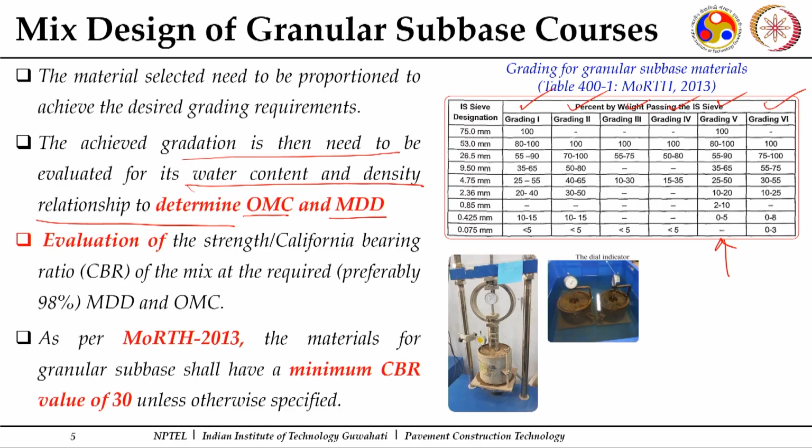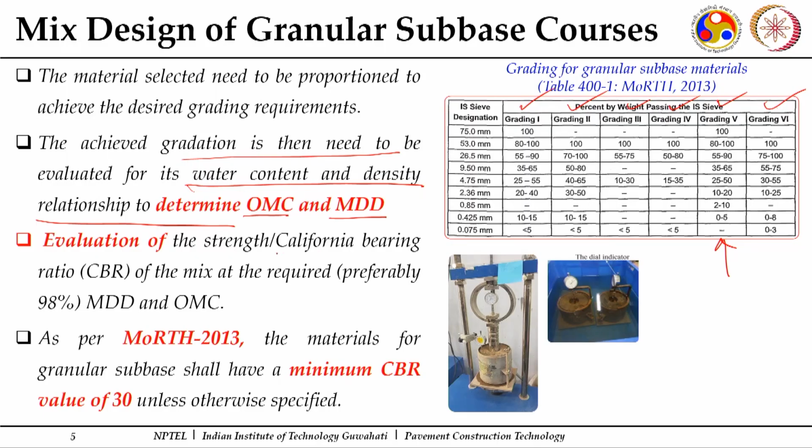This is important for the construction of that mix in the field. In addition, you need to evaluate the strength of that material, which is most commonly done in terms of the California bearing ratio, which we also discussed.